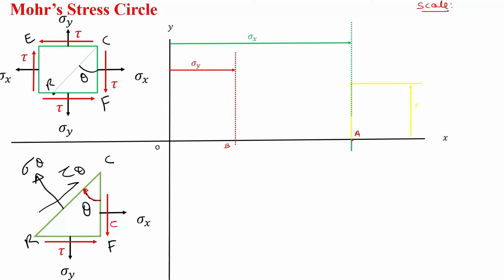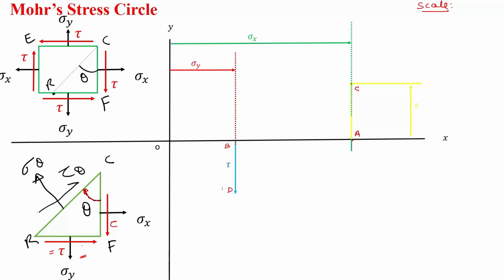So this is our C point, and this value is equal to tau. Now on the plane where the sigma y is acting, there is shear stress tau. The direction of this is negative, so we mark the value of tau at this point, and let's say this is our D point.